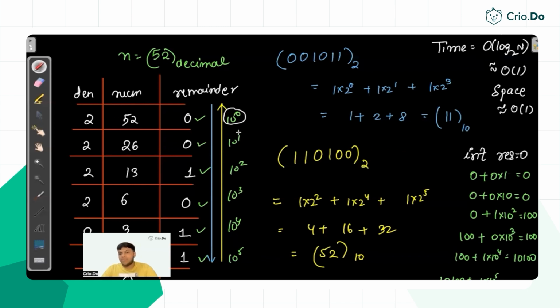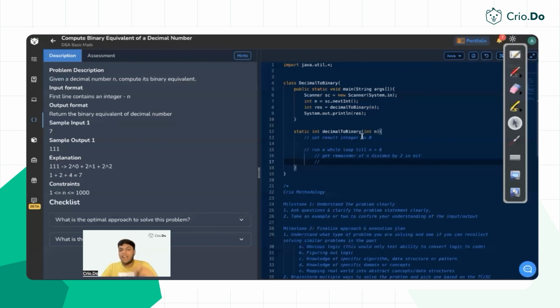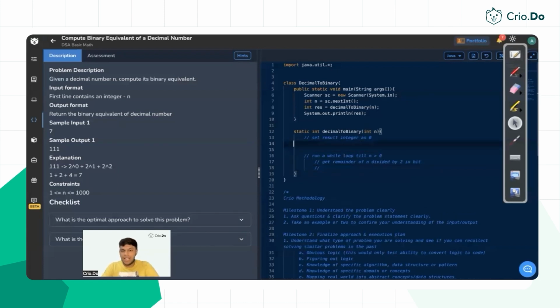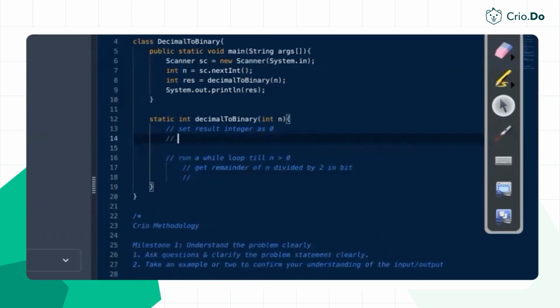Place value will be initially 10 to the power 0, which is 1. 1 into 10, 10 into 10, 100, 100 into 10, 1000, 1000 into 10, 10,000, and 10,000 into 10, 1 lakh. So every time the power will get multiplied with 10. So we will initialize one more variable, which is power, or you can say the place value variable, set as 1 initially, 10 to the power 0, which is 1.